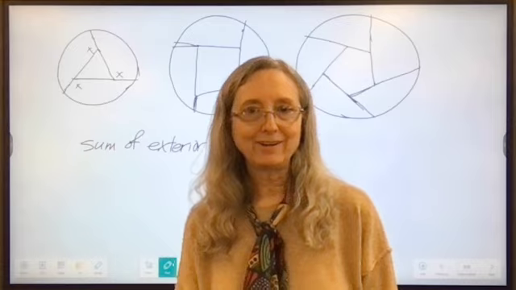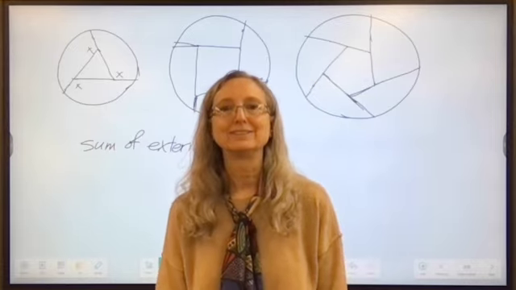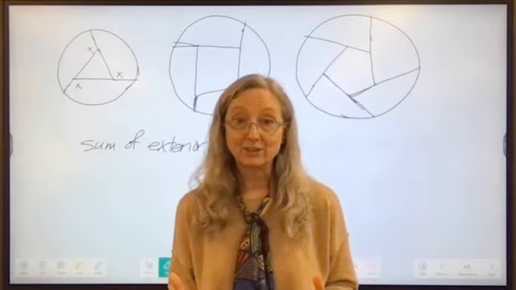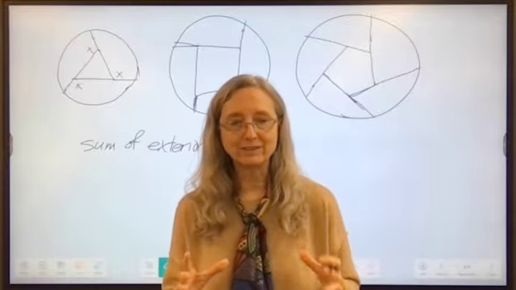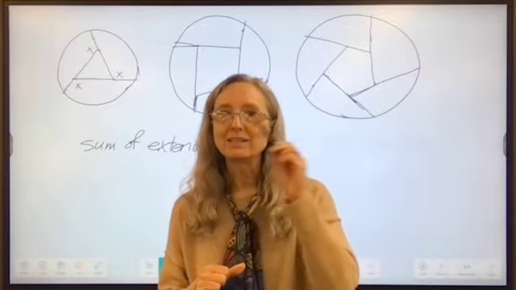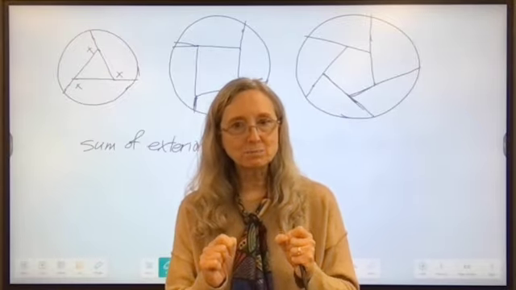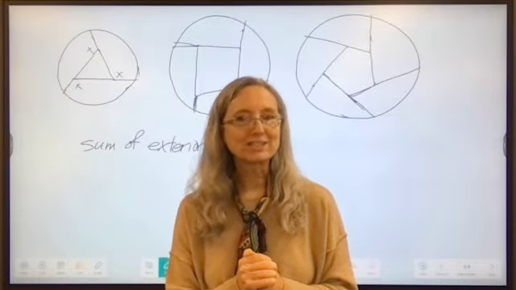Why do I care? Because how many degrees are in a circle? 360. So it doesn't matter how many sides are in my polygon, the total of the exterior angles will always be 360 degrees. It's just a given.